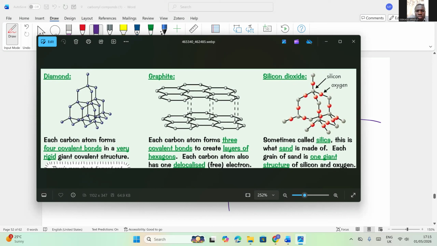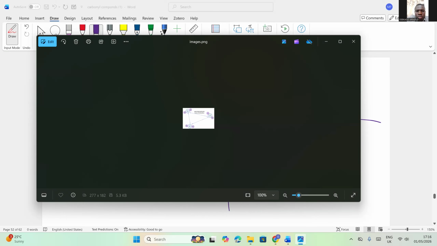After diamond, you make the structure for graphite. You also make the structure for sand, silicon dioxide. Please do that. These three structures are under that column for giant covalent structure.